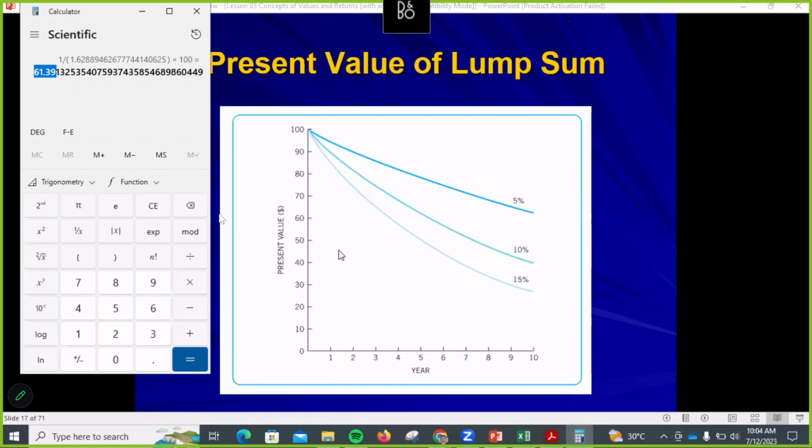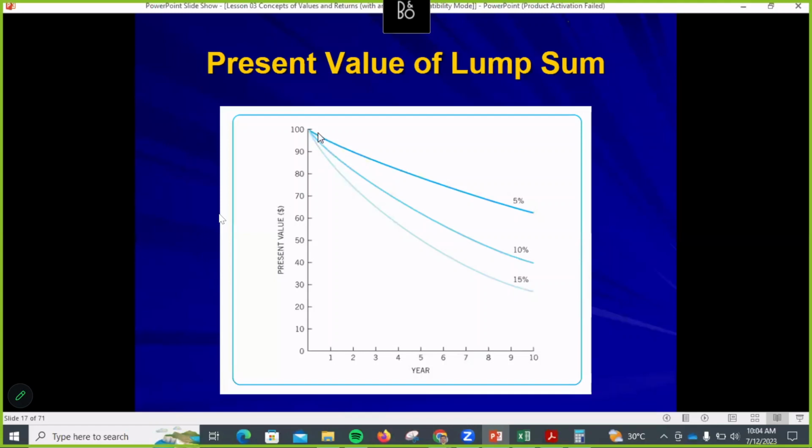Then the decision would be correctly taken. Then you can see that this curve is declining slowly. But if you take it 10%, it's declining very fast, and 15% more than that. If it is 20%, going down straight.